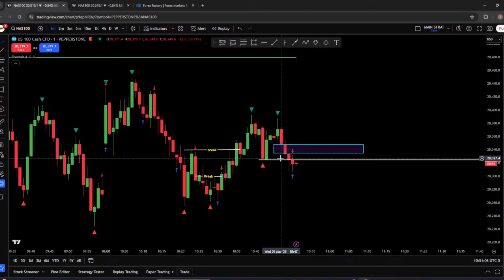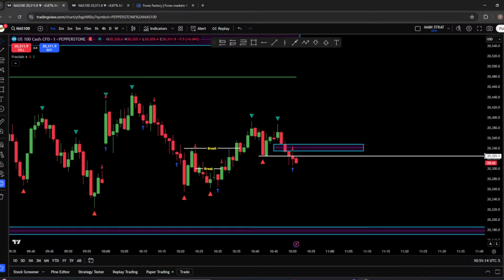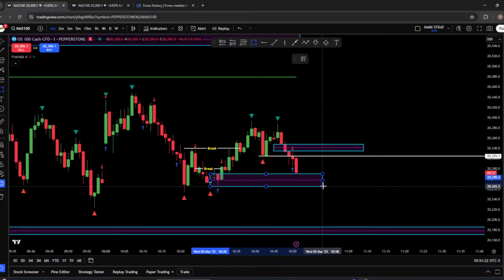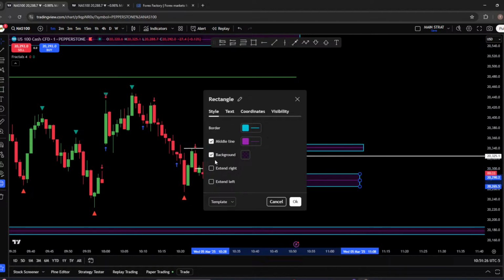We get a good strong break of that. Now we can look at it coming back up into here, see if we can get a rejection off of that order block.